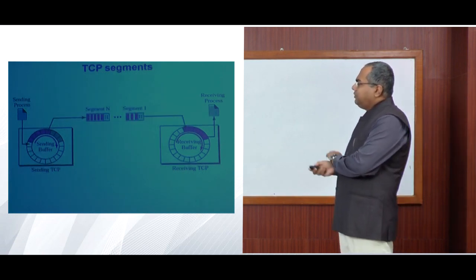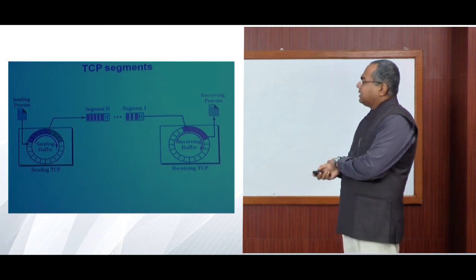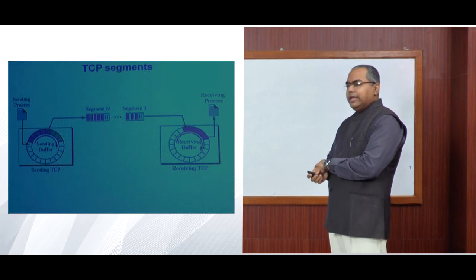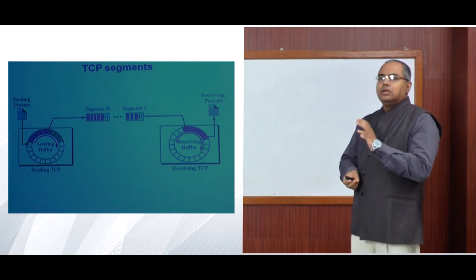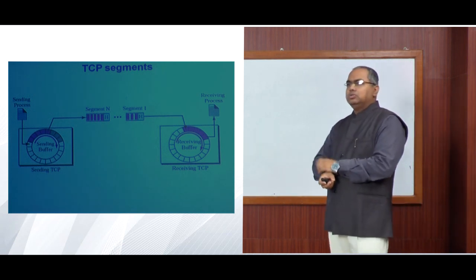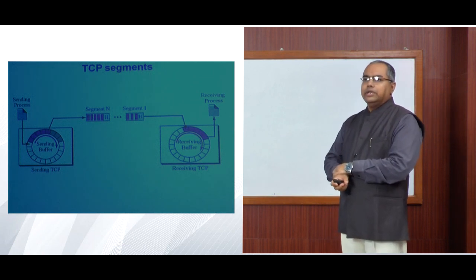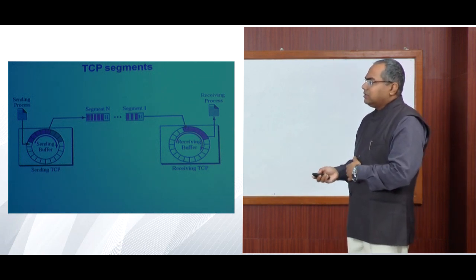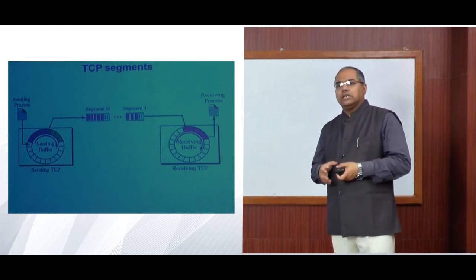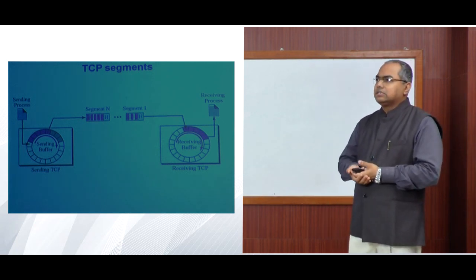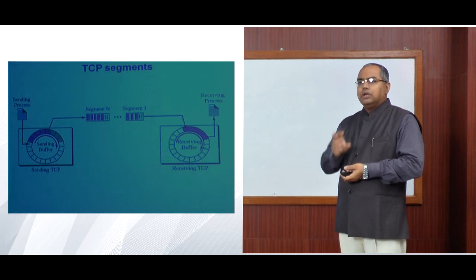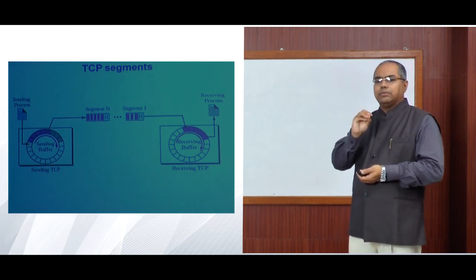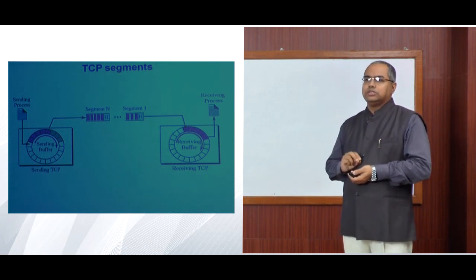Now, we introduce another nomenclature known as TCP segment. In the transport layer, the nomenclature used for a message is known as segment. And a couple of slides back, we discussed that TCP creates a logical pipe to send this stream of bytes from the sending process to the receiving process.